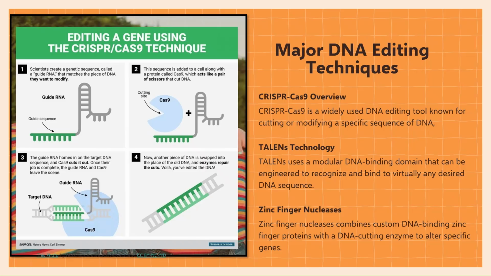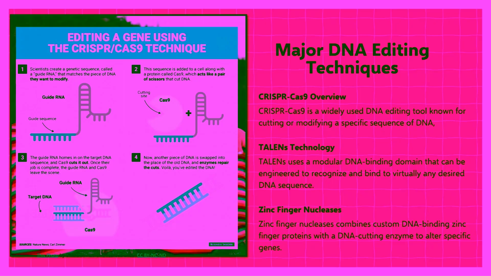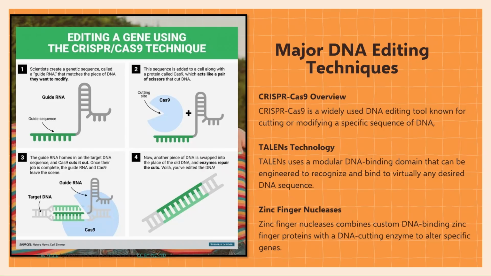Cas9 is the easiest because it can be programmed to follow a guide RNA, and it can cut pieces of DNA and bind together the target DNA with the guide RNA.